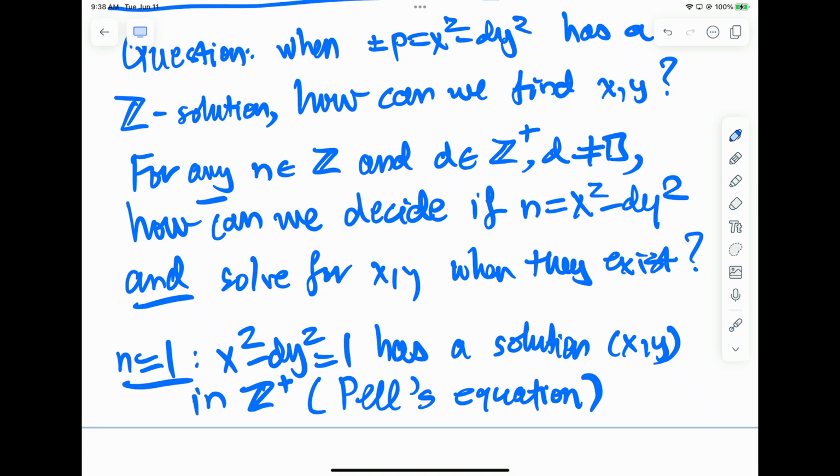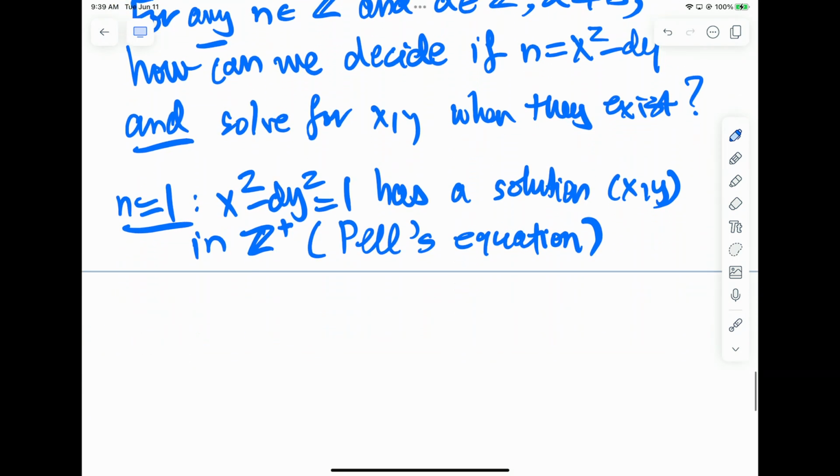Okay, so the interesting case is trying to determine when you can write a number like this, when d is like 2. Can I write a number as x squared minus 2y squared, or x squared minus 3y squared? So let's consider this is known. When d is a positive integer, you can find solutions x and y to this kind of equation, and it's not at all clear how to do that other than a brute force search, but you could, for example, use continued fractions.